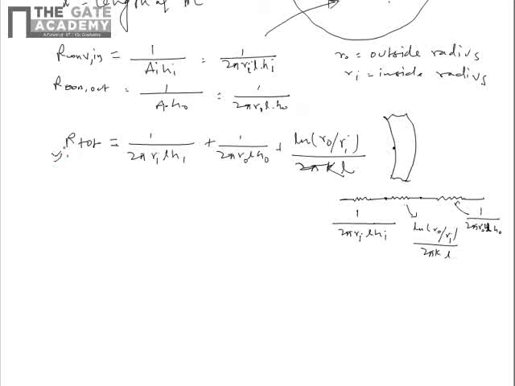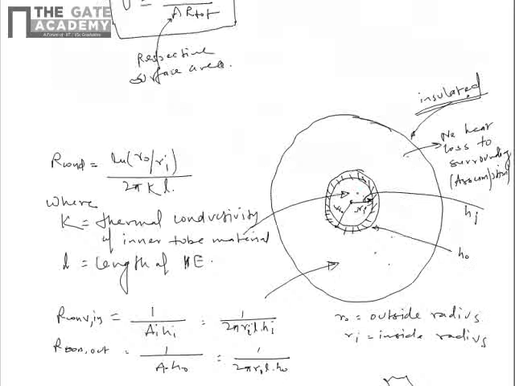Now if we see here, we want heat transfer from hot fluid to cold fluid. To make this happen, we will choose a material which has as high a thermal conductivity as possible for the inner tube.